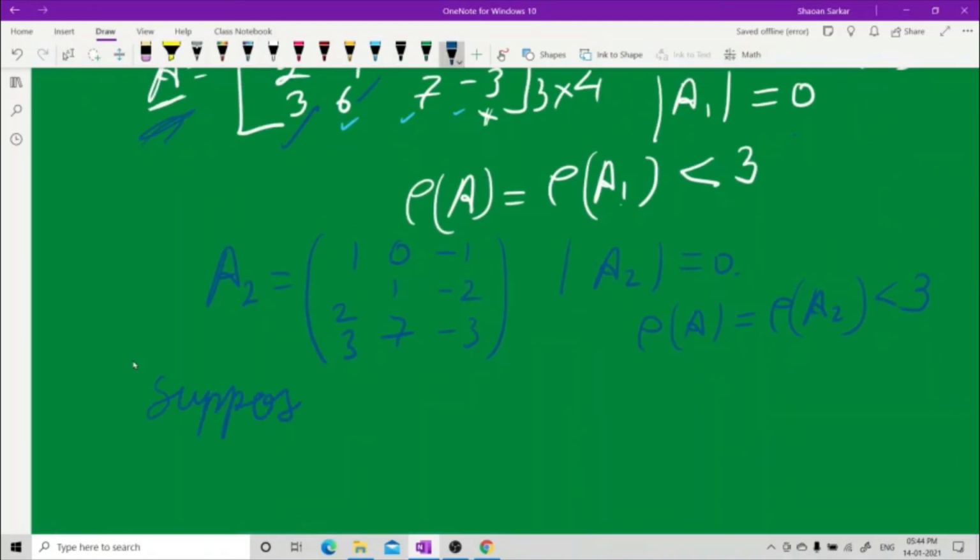Supposing the determinant of A1 was 0, but the determinant of A2 is not 0, then you could have supposed that the rank of A is equal to the rank of A2, which is equal to 3. But this is not the case.